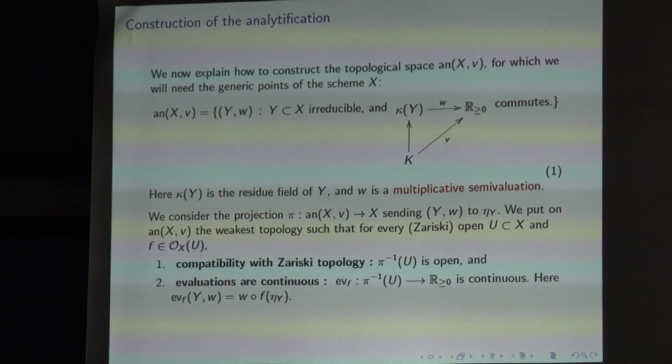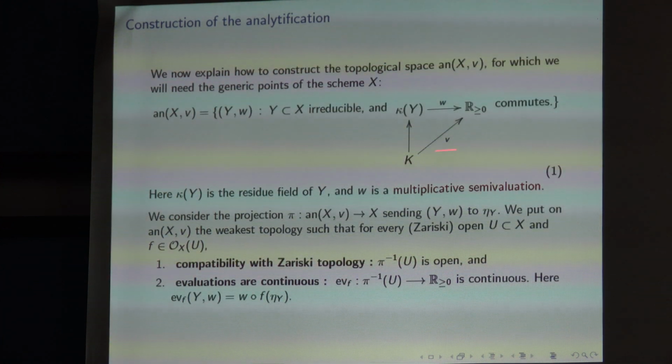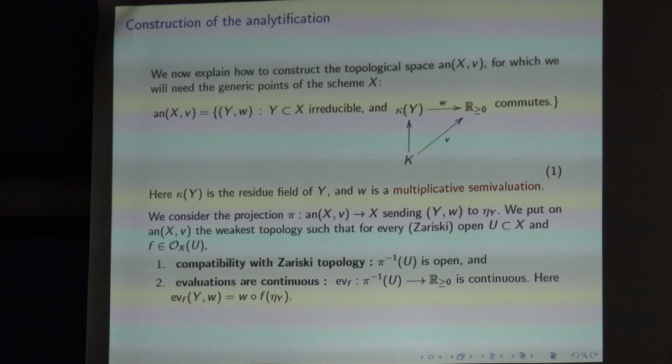But what happens if you take y as one point? It's not enough. Yes, let me explain that here. This framework works in general. You don't need any assumption on the field. You don't need any assumption on the residue ring, nothing.